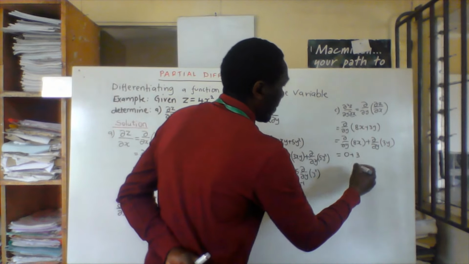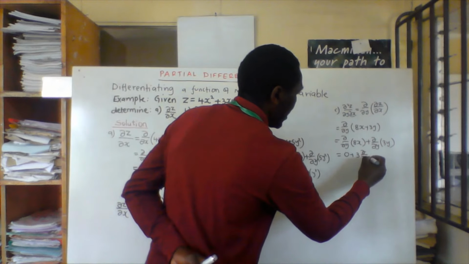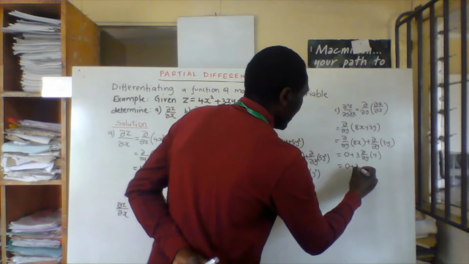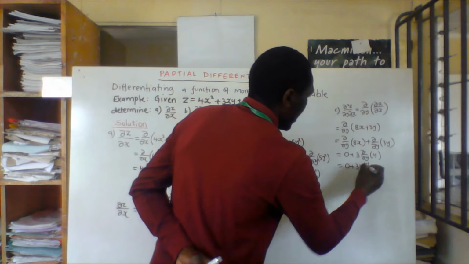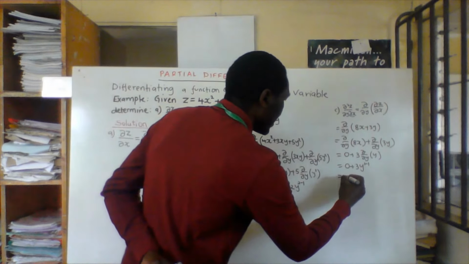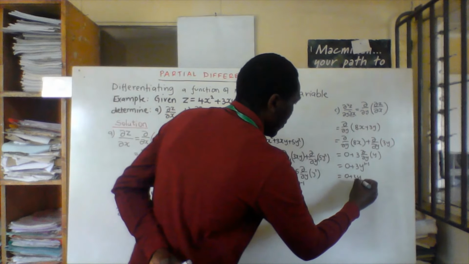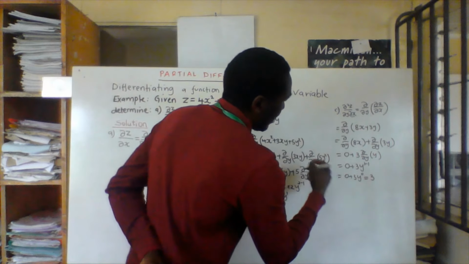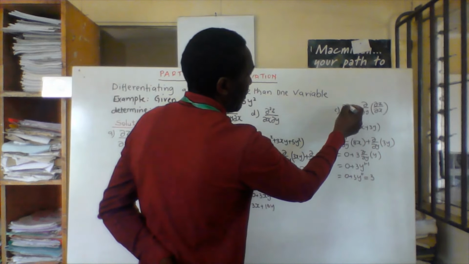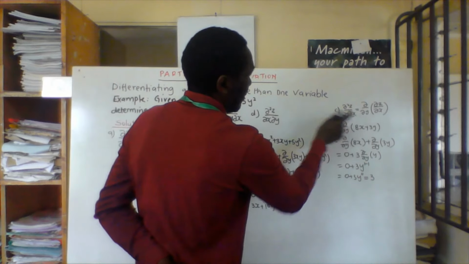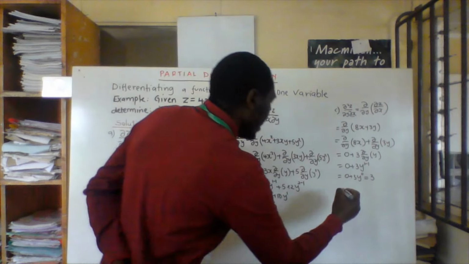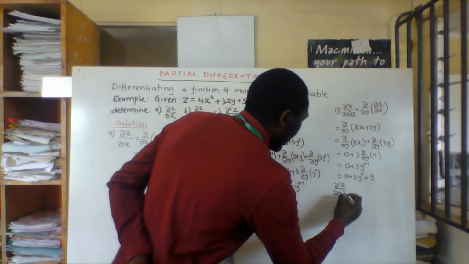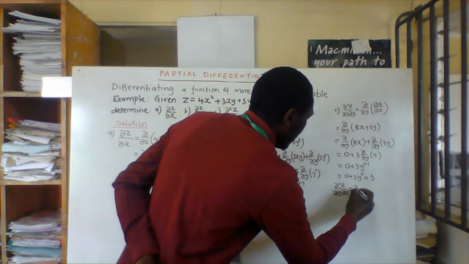Plus, 3 is a constant, and the partial derivative with respect to y of y gives us 0 plus 3 times y raised to 1 reduced by 1, which gives us 0 plus 3y raised to 0, which is equal to 3. That is the second derivative of z, first with x, then with y. Then we have the partial derivative of z with respect to y and with respect to x is equal to 3.